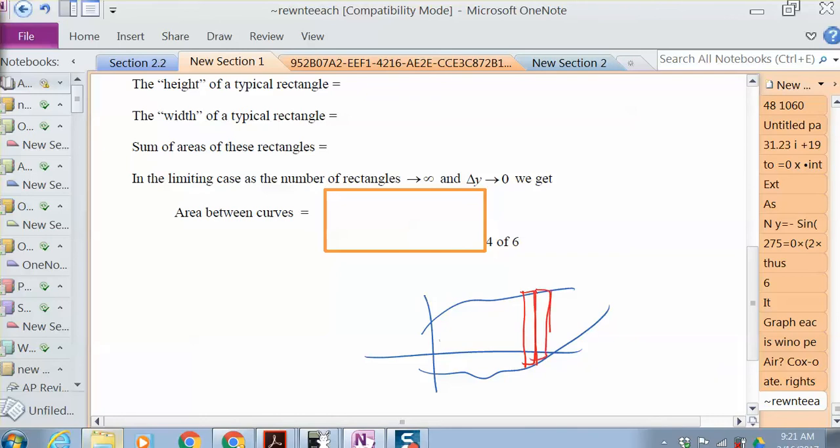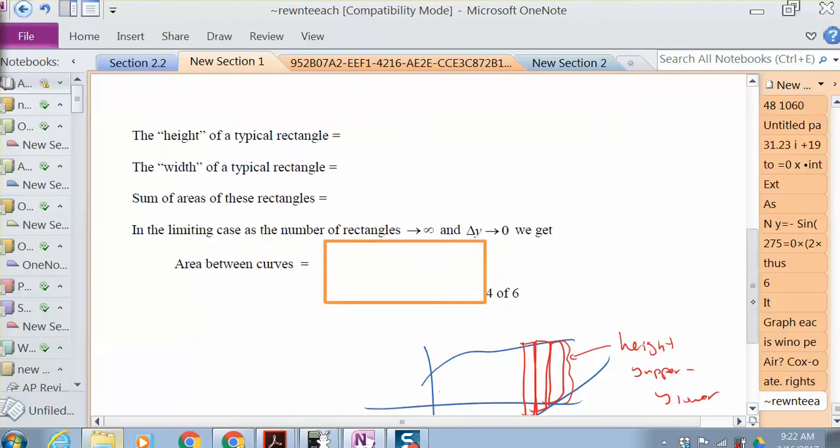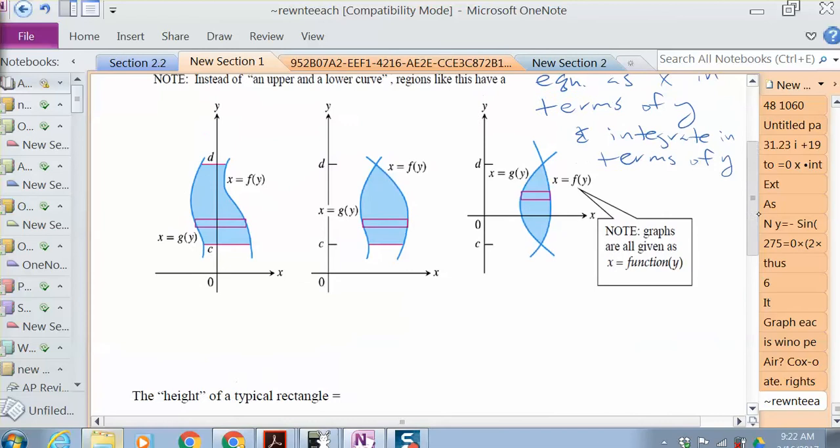And what we would do is add up the sum of all the areas of all these rectangles, where that's delta x, and the height was, of course, y upper minus y lower, which is why we did f of x minus g of x, right? Times delta x, and then we would integrate from a to b. We're reversing it here.